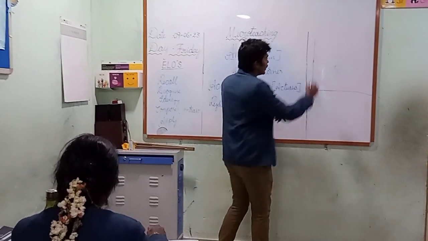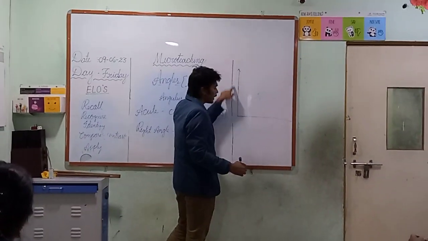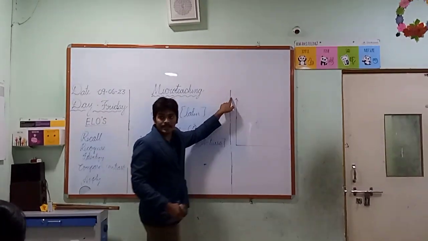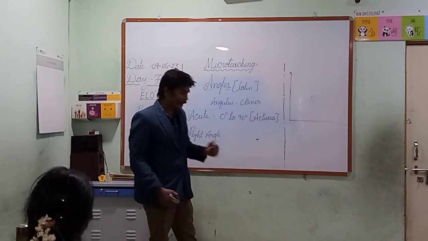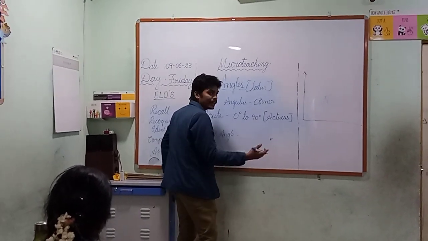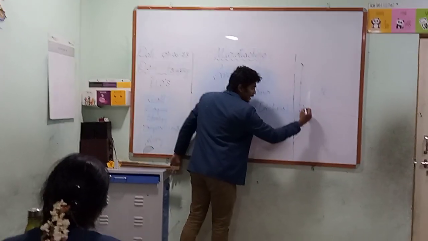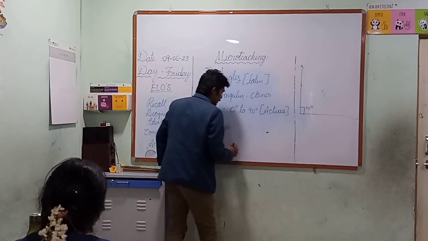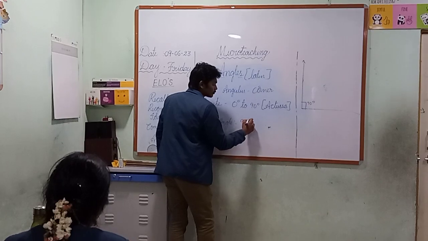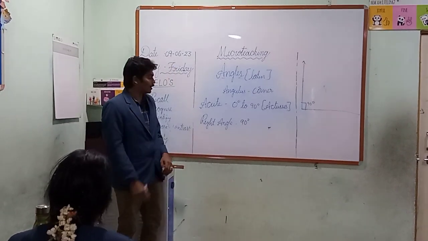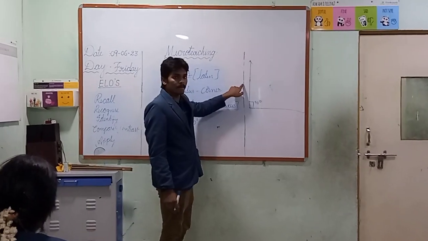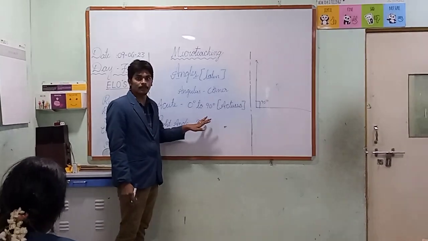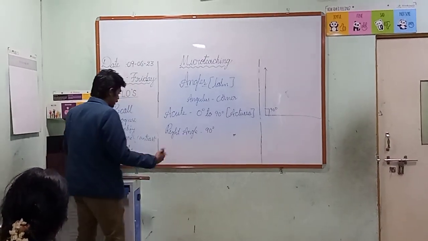See this line, it stood straight, right? So it is called a right angle. When an angle measures exactly 90, it is called a right angle. So acute angle means between 0 to 90, and exactly 90 means right angle.